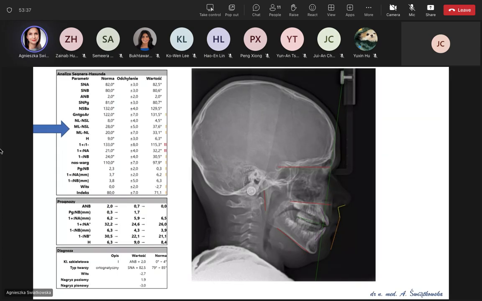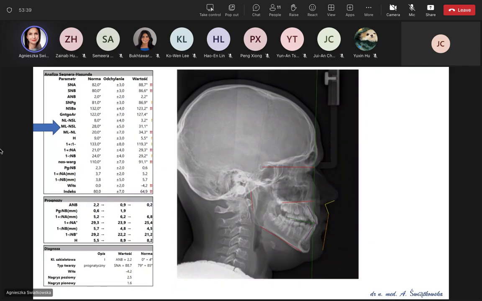And our patient, before and after treatment. You should remember that the high angle patient is still growing. So our growth modification, in fact, we couldn't stop the growth. We couldn't.